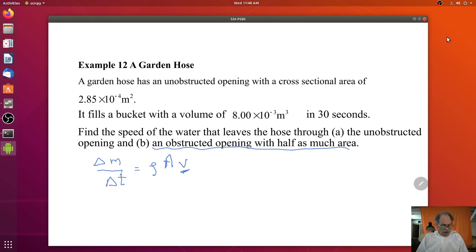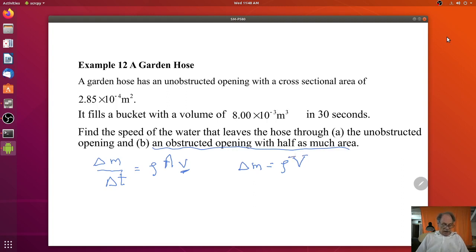Okay, what is the mass of water in a bucket with a volume of that in 30 seconds? The mass, delta M, that I get in 30 seconds is going to be the density of water times the volume of water.